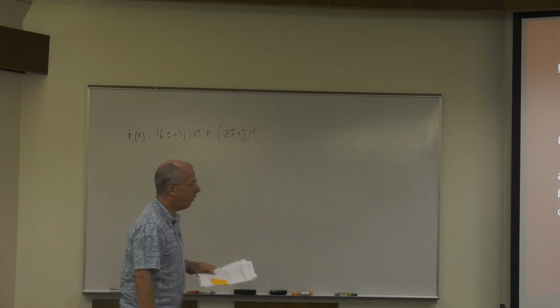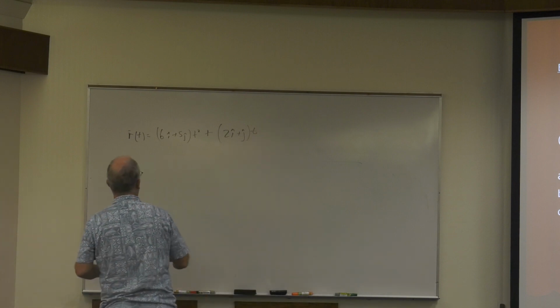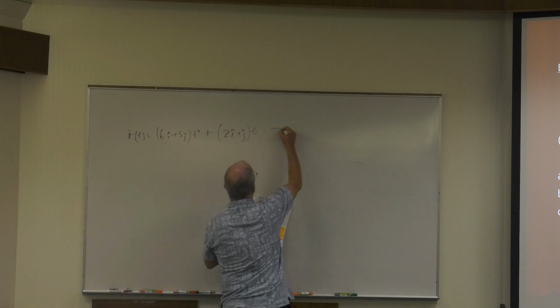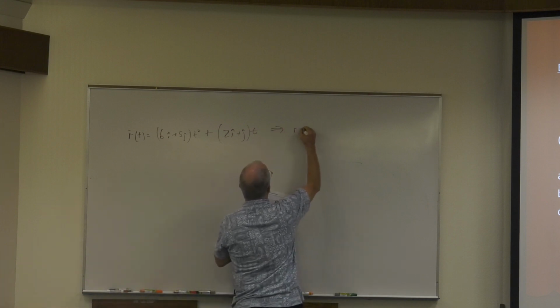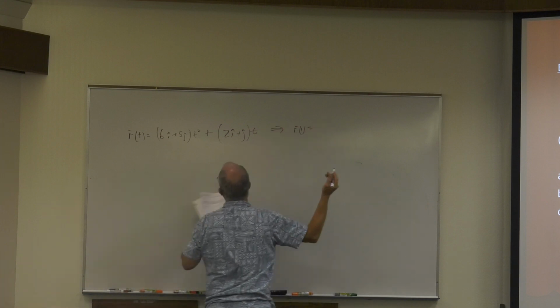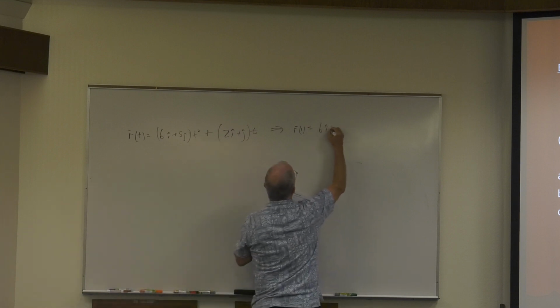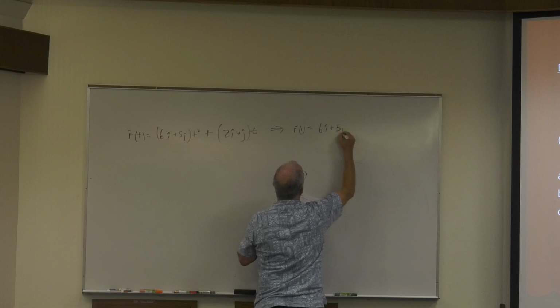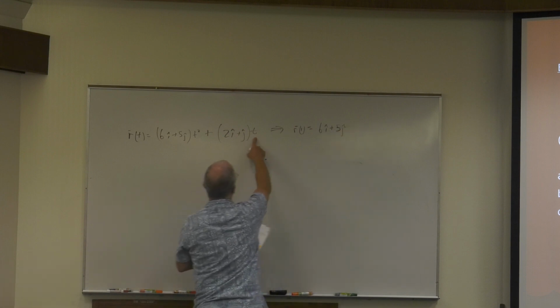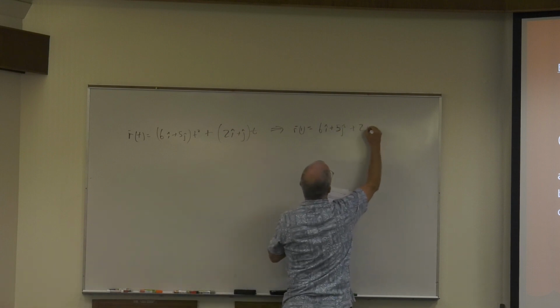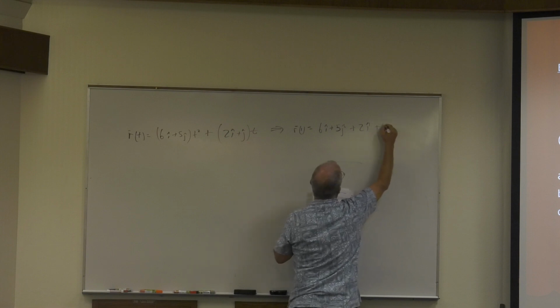So the first thing, just put in 1 second. We can do that. Therefore, r at 1 second, you just put in 1. So 1 squared is 1. So you have 6I plus 5J. Then you put here 1, so you get plus 2I plus J.